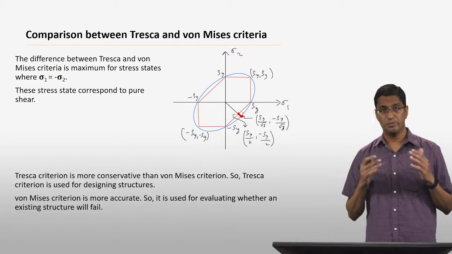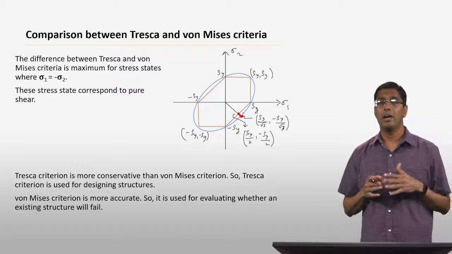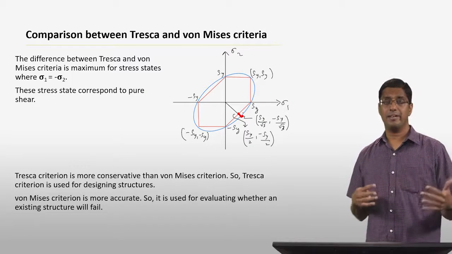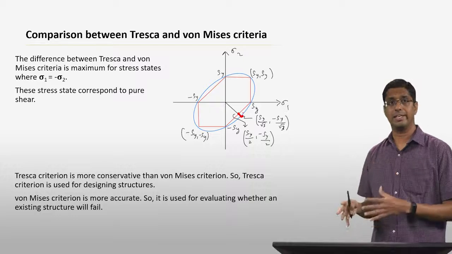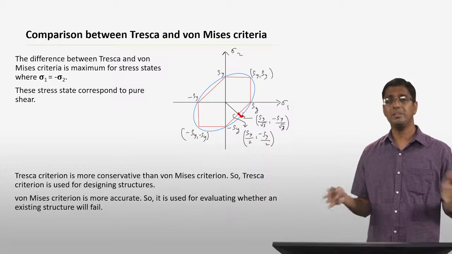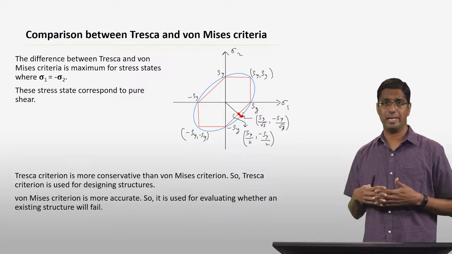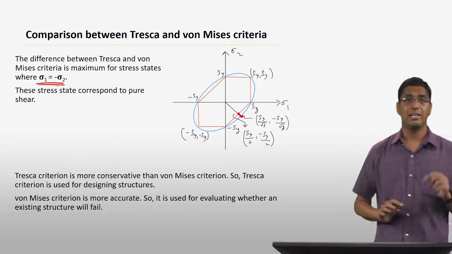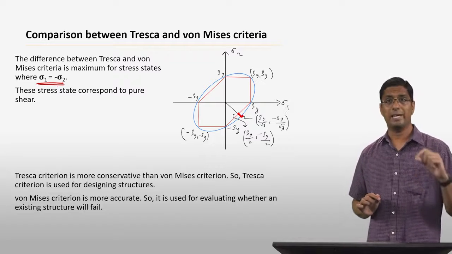So these 45-degree lines are essentially the states of stress where the predictions of the Tresca criterion and the von Mises criterion differ the most. And what is special about these lines? These lines are essentially lines where sigma 1 is equal to minus sigma 2.